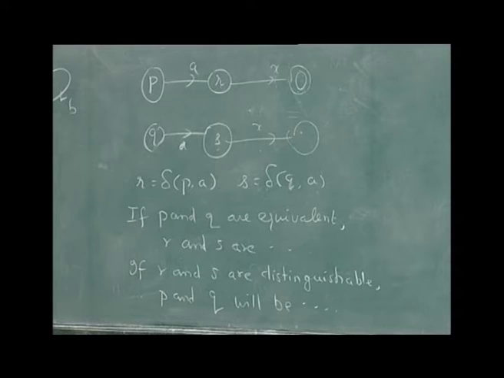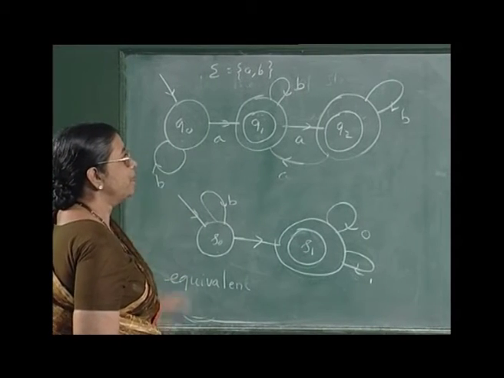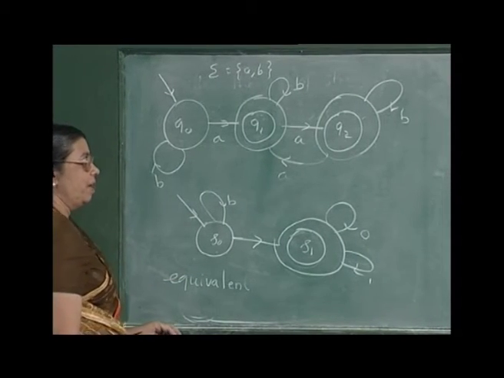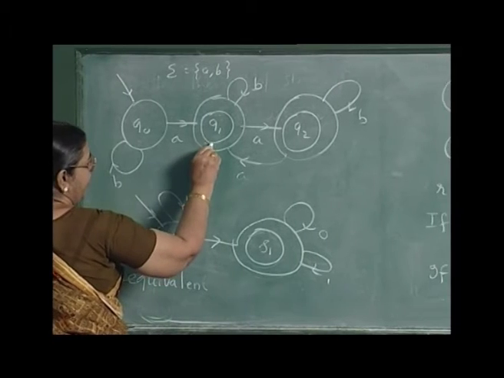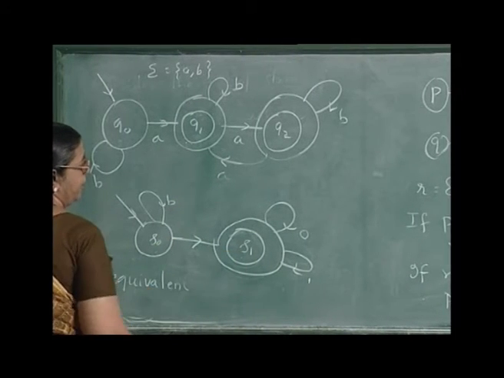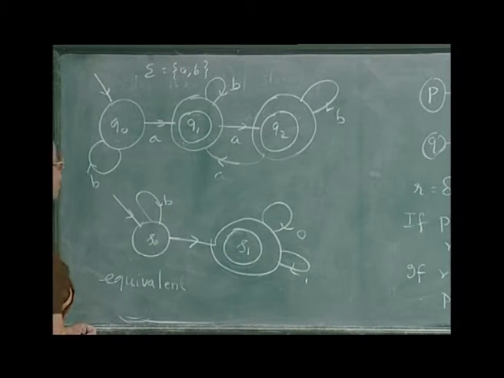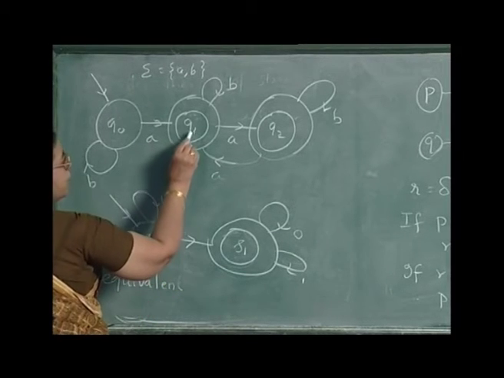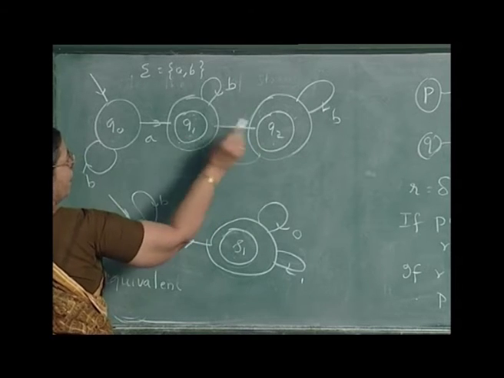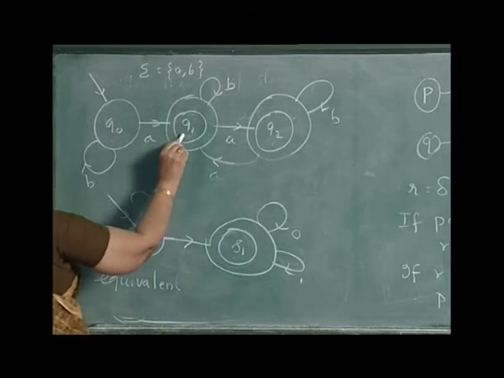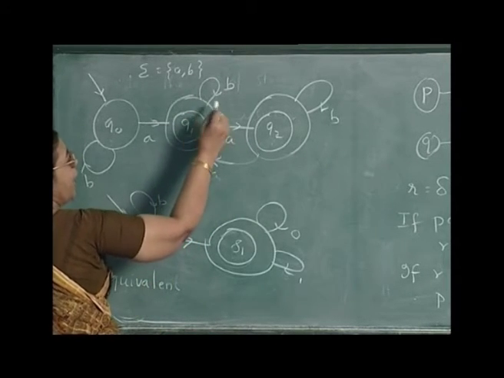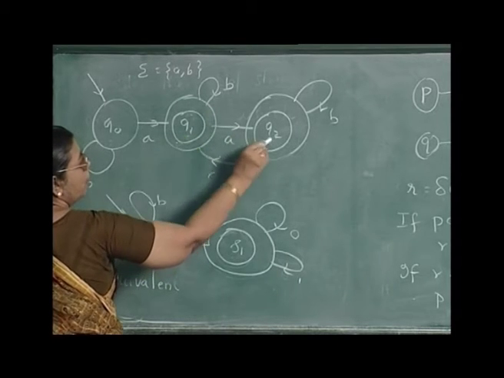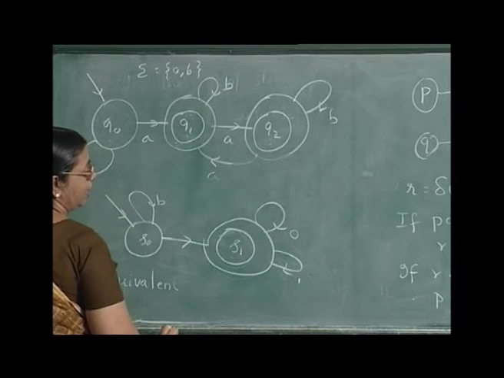So, making use of this, you can try to find the minimum state automaton for a finite state automaton. For example, for this one, the minimum state automaton is this. How do we get this? You can see that the states Q1 and Q2 are equivalent, because from here if you read any string, at the end you will go to only Q1 or Q2, which is a final state.